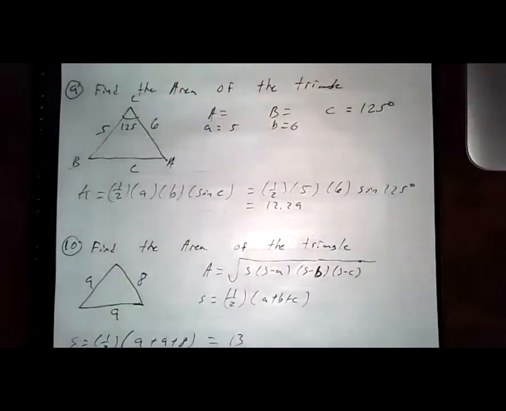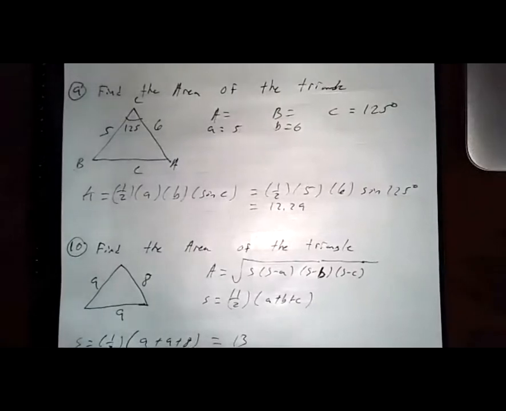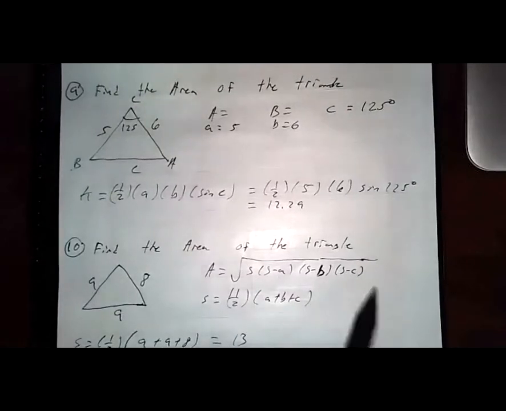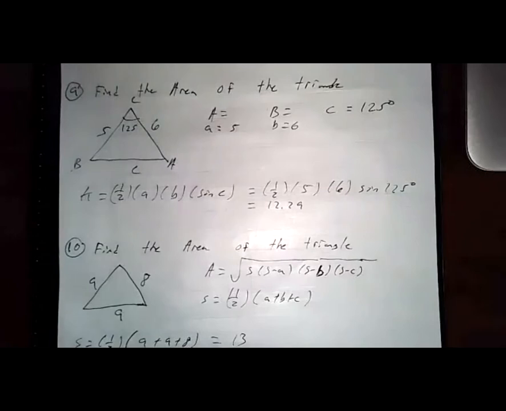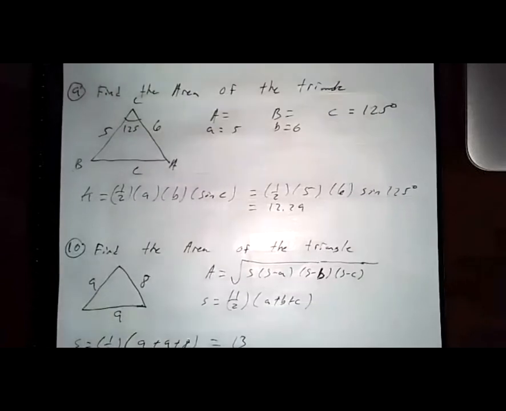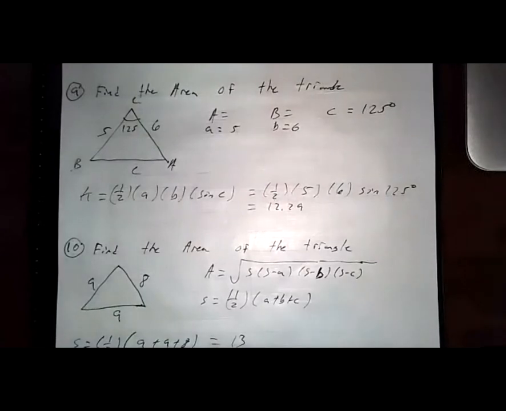I got 13. So now plug it all in and we should be good. It doesn't matter which one you label as A, B, or C, as long as you do all of them, right? So 13 times (13 minus one of the sides, which I'll choose 9) times (13 minus the other side, which is also a 9) times (13 minus the last side). All right. Looks like I got 32.25. Is that what you got?